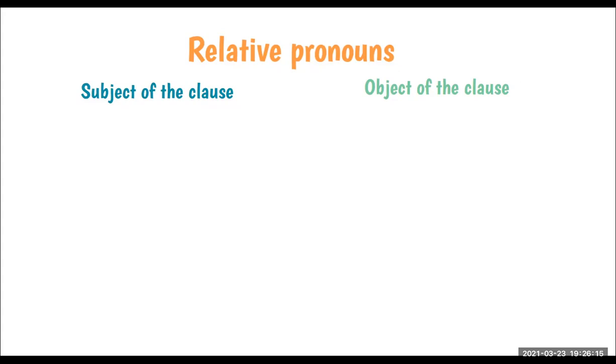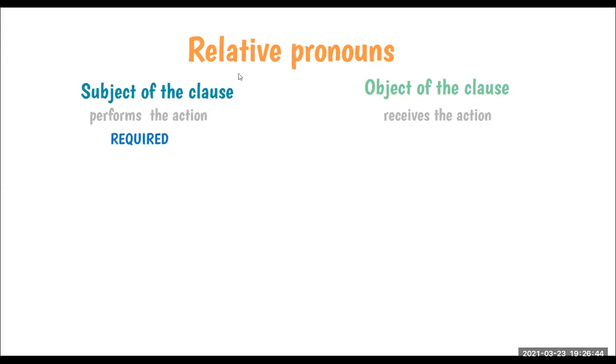It is the object or the person who receives the action in the sentence or in the clause. Very good. Sometimes the relative pronouns are the object of the clause. Let's see some examples, okay? So we know that the subject is the one who performs the action, and the object is the one who receives the action, okay?